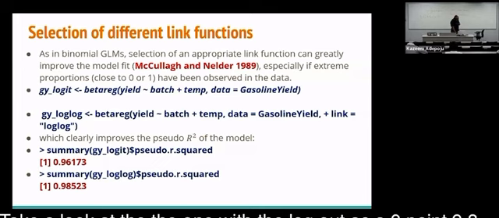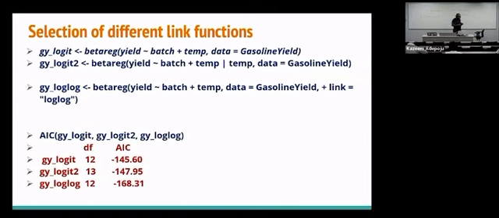Now take a look at this one. When something is log, and at the same time you incorporate a variable that accounts for the expansion. In the first one, GY underscore logit, that's just a conventional beta regression model using identity link function, and there is no predictor variable that we use to adjust.